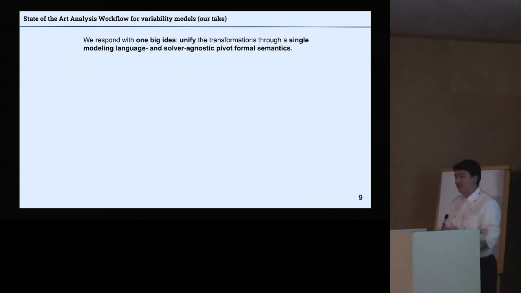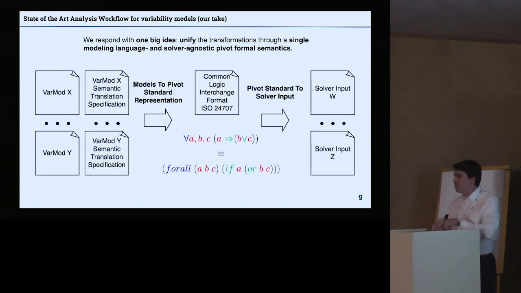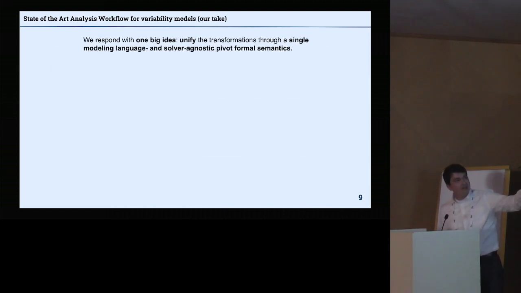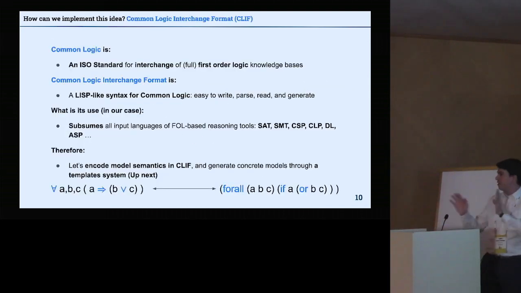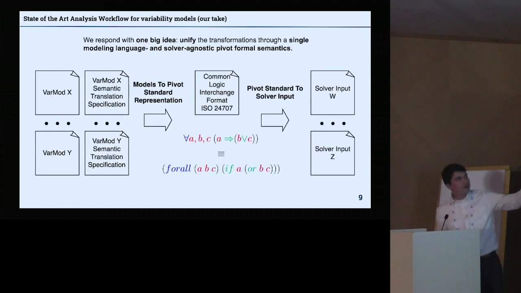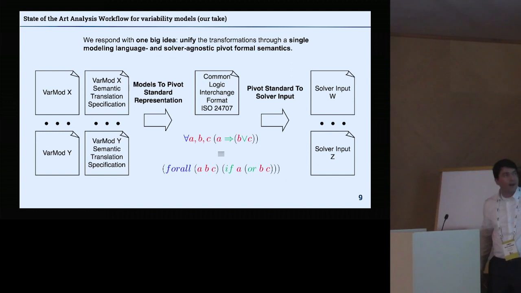So our team looked at this and we came up with an idea to simplify in some ways and also add additional mechanisms to solve these problems and bring some unity and standardization to the field. So the first thing we're going to do is take the arrow we just saw, this transformation, and split it into two steps. First, we're going to use the same models we already saw, but we're going to add a specification of their semantics.